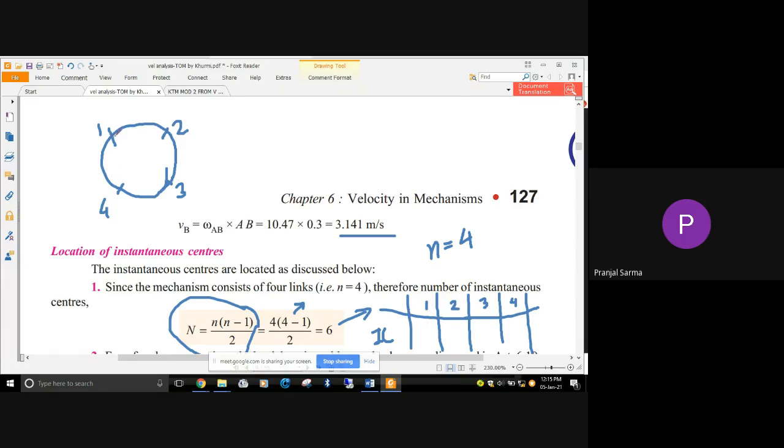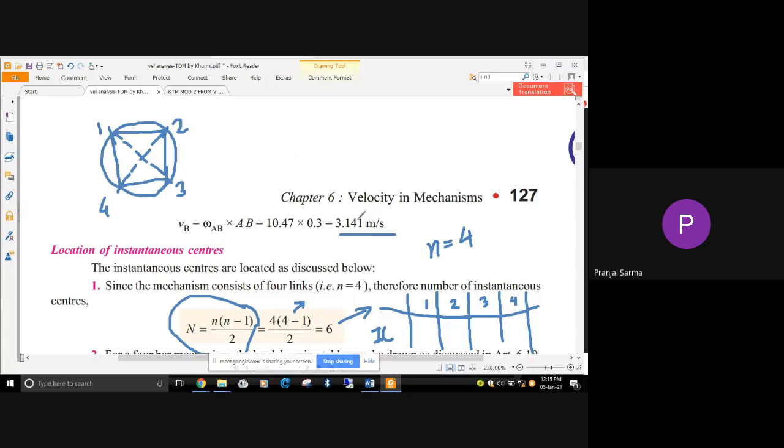Then join them. So 1 and 4 will be I14, I34 or I43 will be another, I23 another, I12 another. Similarly, I join these, and this will be I24 and I13. So these are the different instantaneous centers.